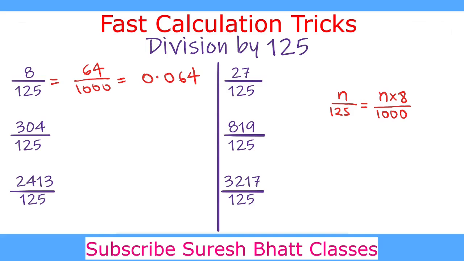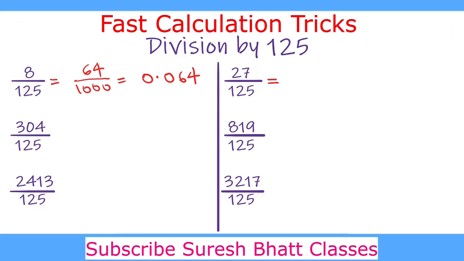So we have to put one more 0 before 64 and then put decimal. So this becomes 0.064. When we divide 8 by 125, then our answer is 64 upon 1000, and this is equal to 0.064.